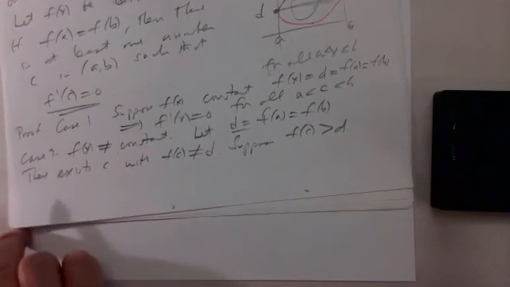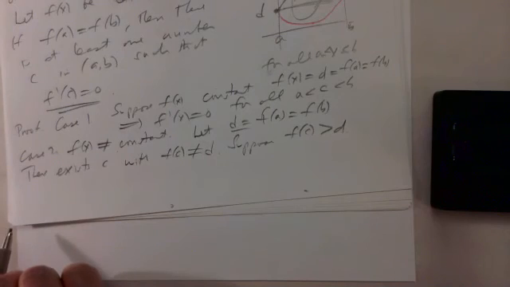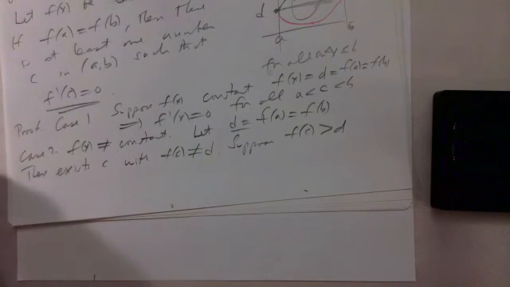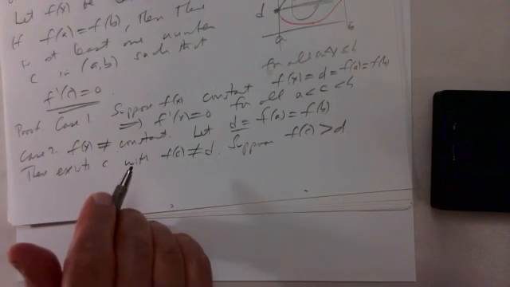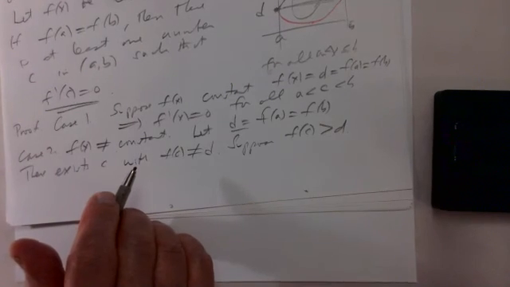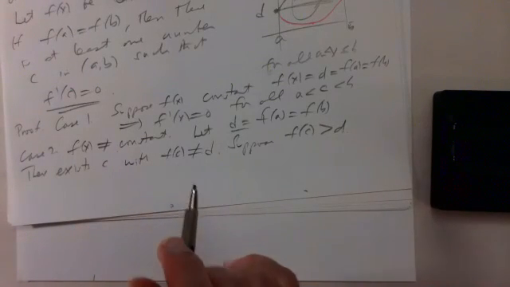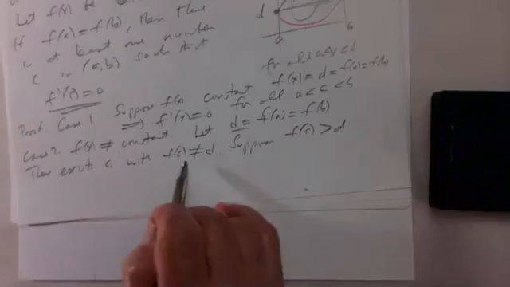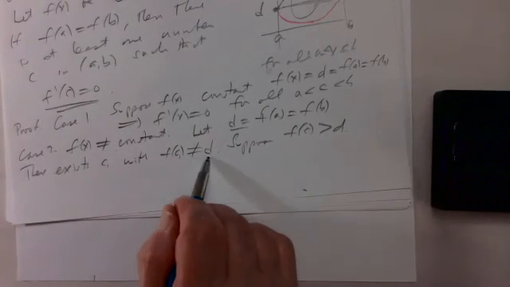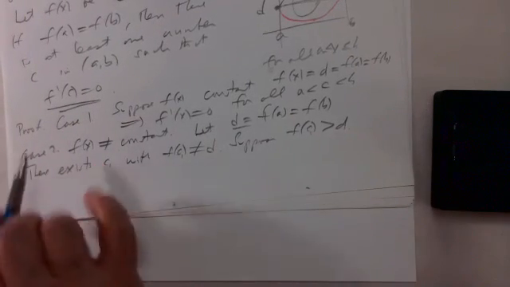We know that the function has an absolute maximum. There's some point where it's different from d. Suppose it's bigger.